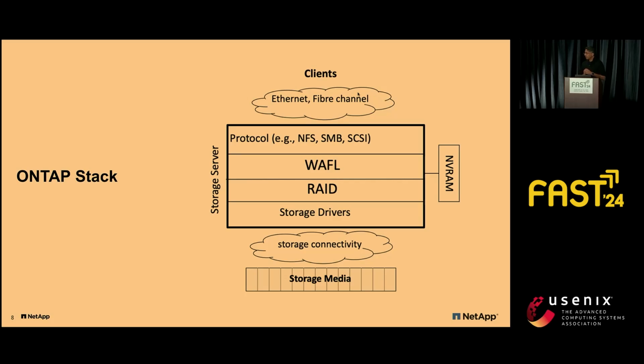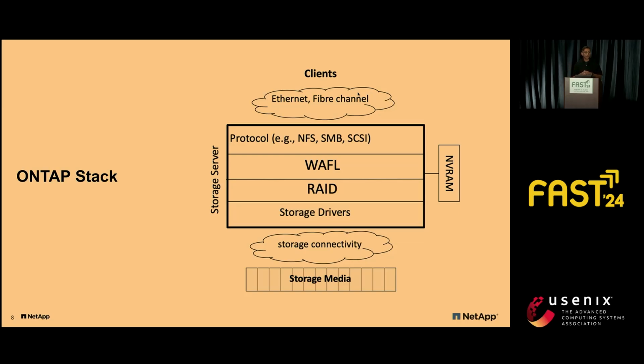So a quick primer on the ONTAP stack. At the bottom of the stack are storage drivers. There's a layer of RAID software on top of this that assembles all of the devices that it sees into RAID groups and presents pools of blocks to Waffle. Waffle is Write Anywhere File Layout.